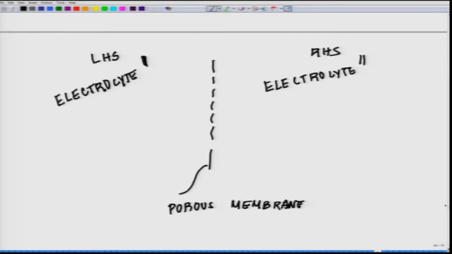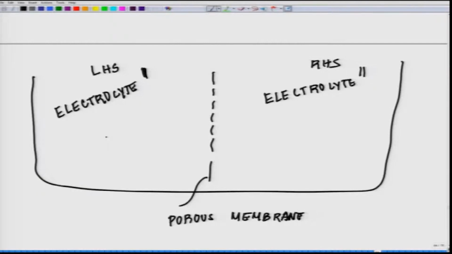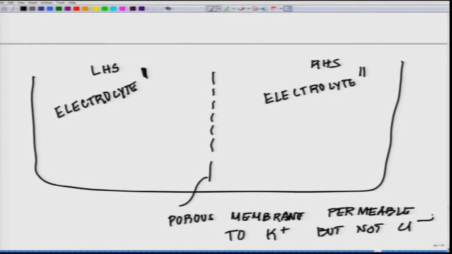Say, for example, I create something like this, with a porous membrane that is permeable to potassium ions or cations, but not to chloride ions. This is a situation I am creating.